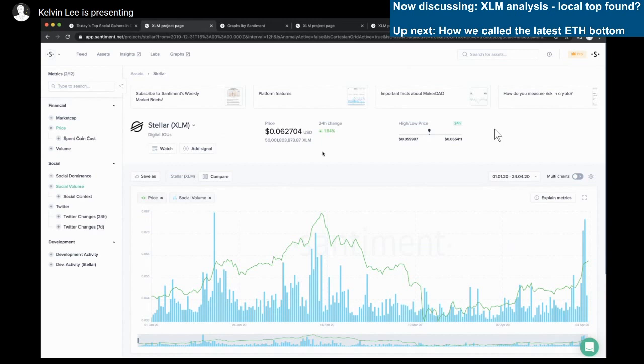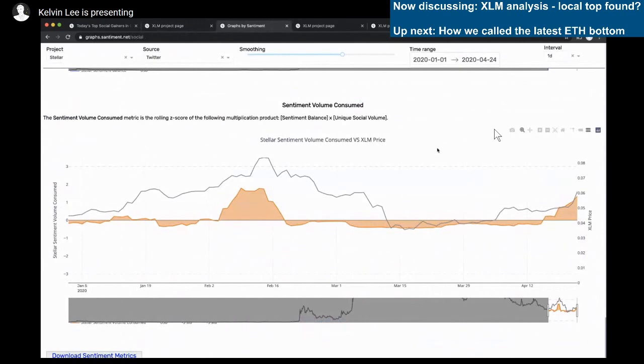Let's also use our sentiment metric to see what the sentiment looks like. As Dino mentioned earlier, this is a good way to look at how the sentiment is. You can see right now there's a spike and growing interest, positive sentiment around Stellar. Like I said, that's increased confidence in Stellar by the crowd itself.